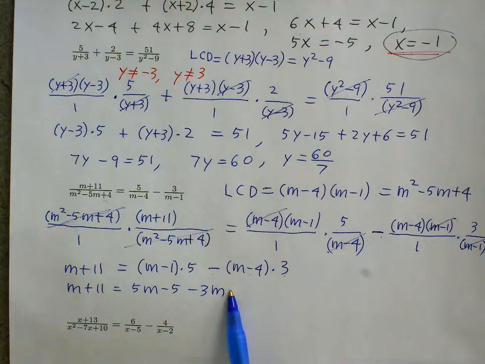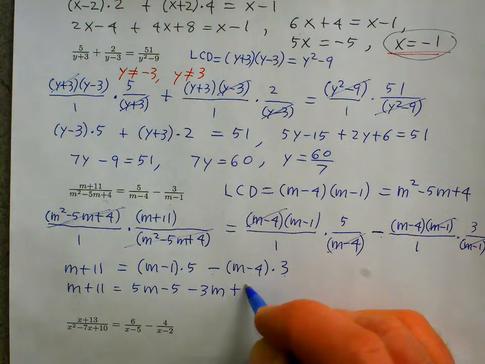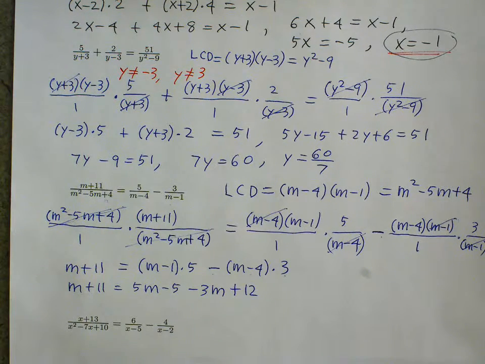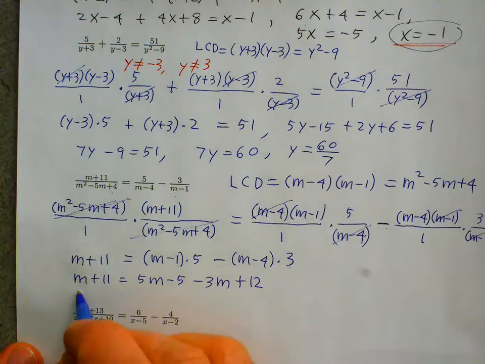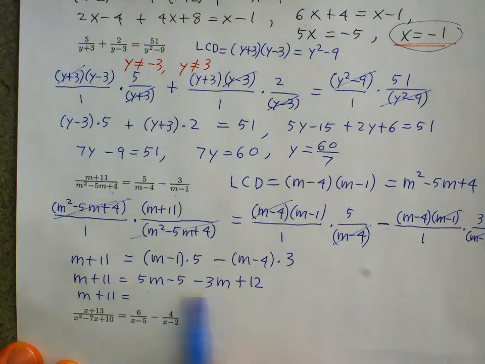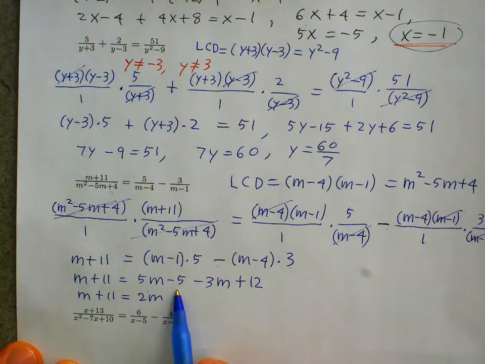So we're subtracting negative 12, which means the same thing as adding 12. Okay, we'll simplify the right-hand side by combining like terms. 5m minus 3m is 2m, and minus 5 plus 12 is plus 7.